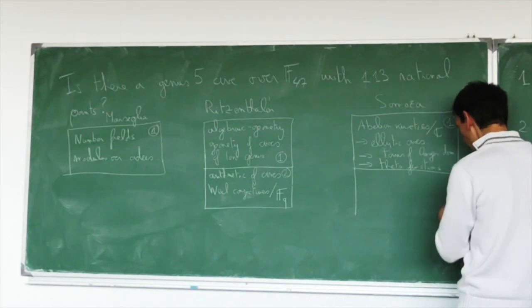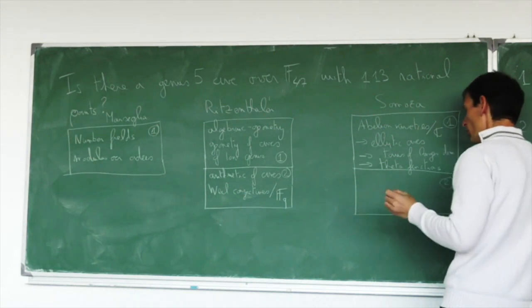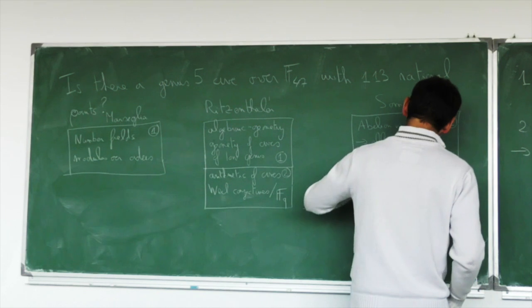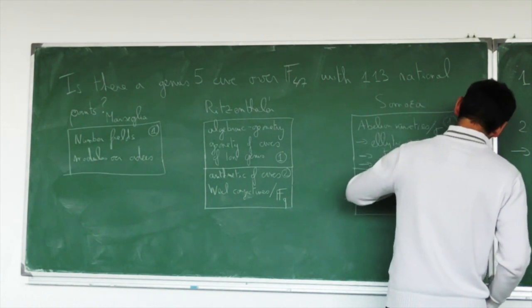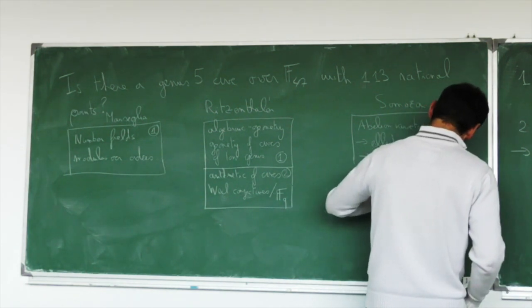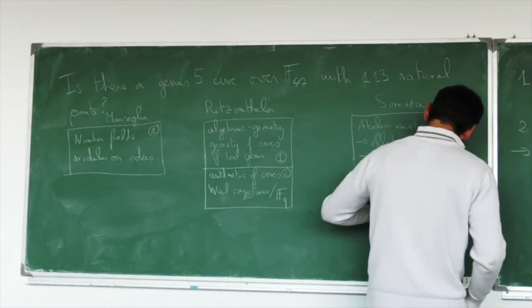So there is going to be a second part here, which is going to be geometry and arithmetic of abelian varieties over finite field.